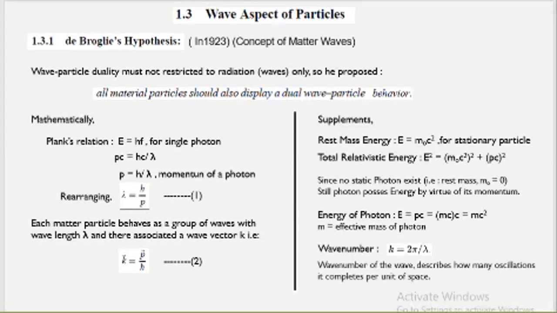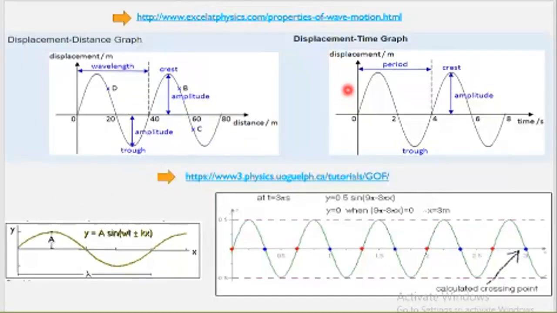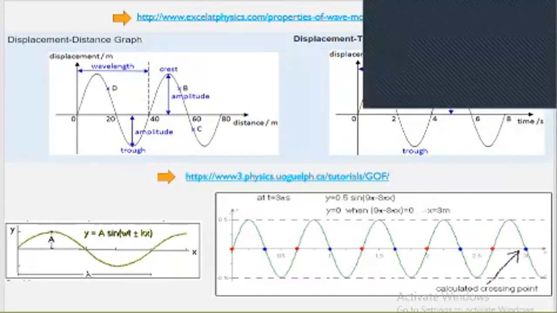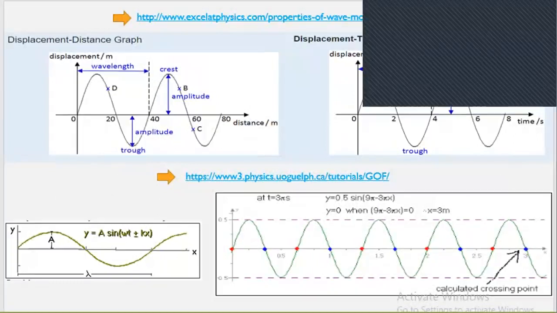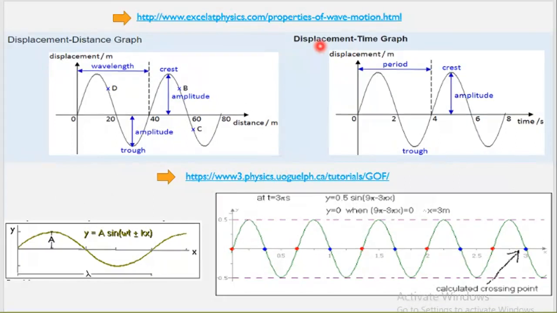So these are some conventional sketches of mechanical waves. You can check the further details with these links. In order to understand the concept of wave number, here we have a sketch of a traveling wave that is completely described by this equation.